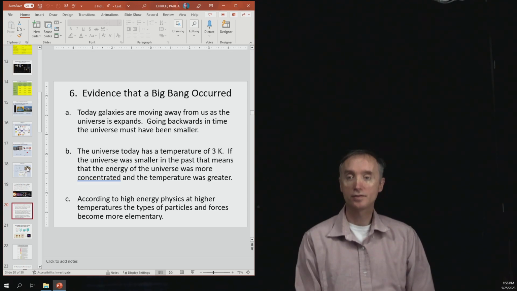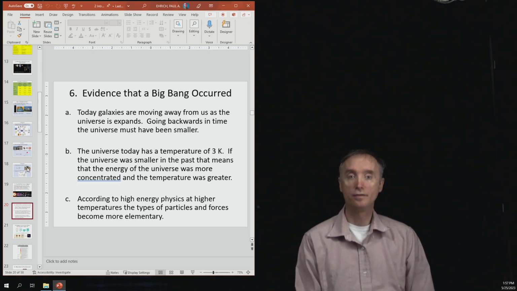This is called a relativistic Doppler effect. We can calculate the speeds at which these galaxies are moving away from us by using this technique. If we decide to take our clock and run it backwards, then the galaxies would begin to come back together again.